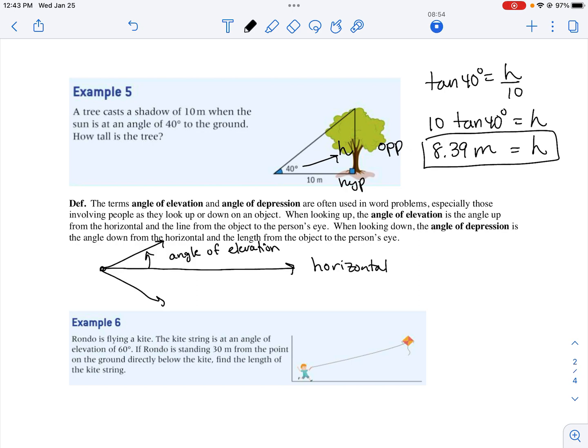From the horizontal line, if you're looking down, it's an angle of depression. Never, ever are you coming from a vertical angle. Once in a while, I'll have students mess that up. So always be looking from a horizontal line.